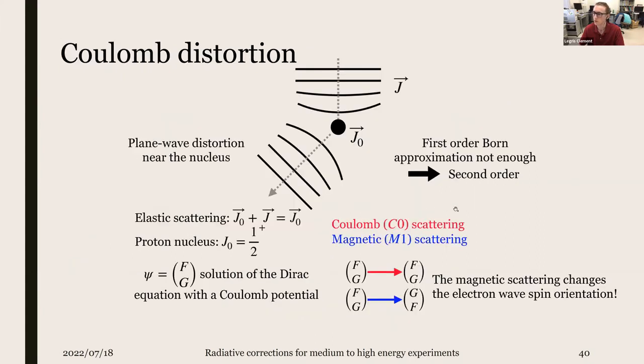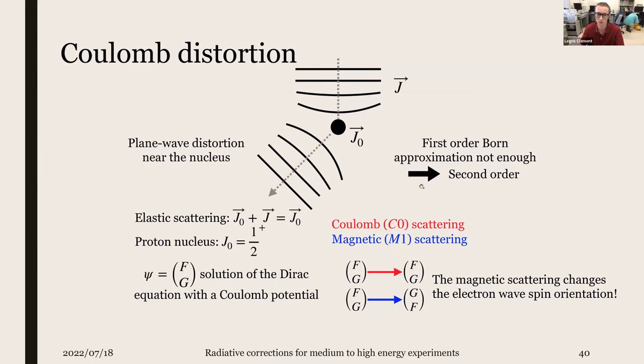Another correction I would like to talk about is the Coulomb distortion. We suppose that the electron is an incident plane wave, but it is actually distorted near the nucleus. So in our case, we cannot use the first order Born approximation.